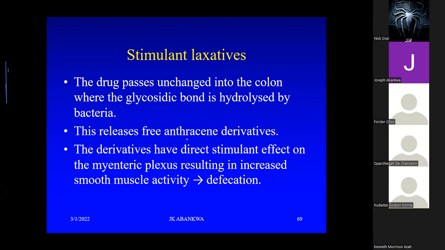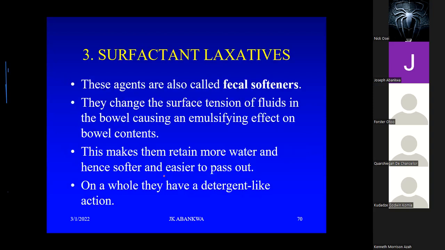This releases free anthracene derivatives, which have direct stimulant effects on the myenteric plexus, resulting in increased smooth muscle activity, leading to defecation. So this is the mechanism of action. You may see it in your exams by all means.